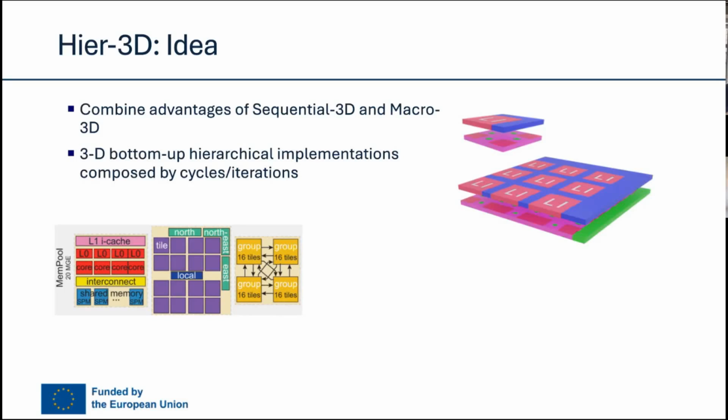In this iteration, all the blue areas that actually are in the top tier will be used for routing, for generating the local interconnects and the logic of the group.